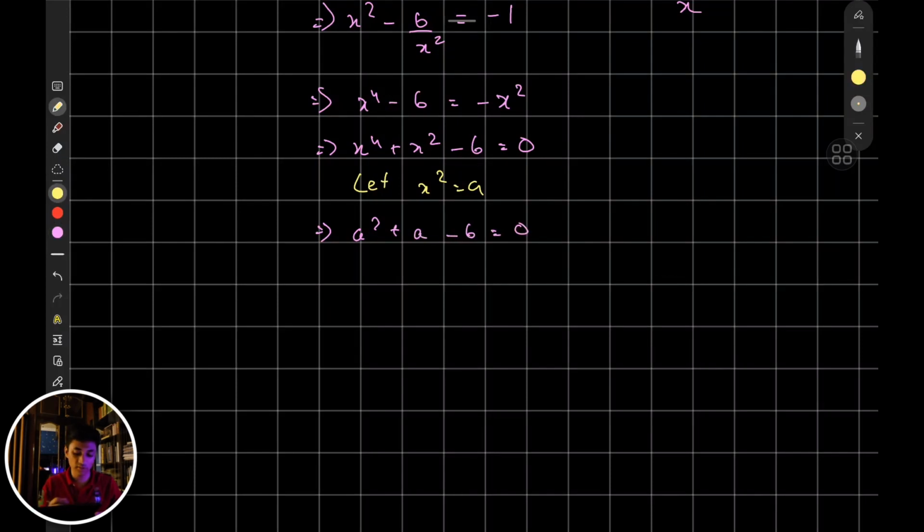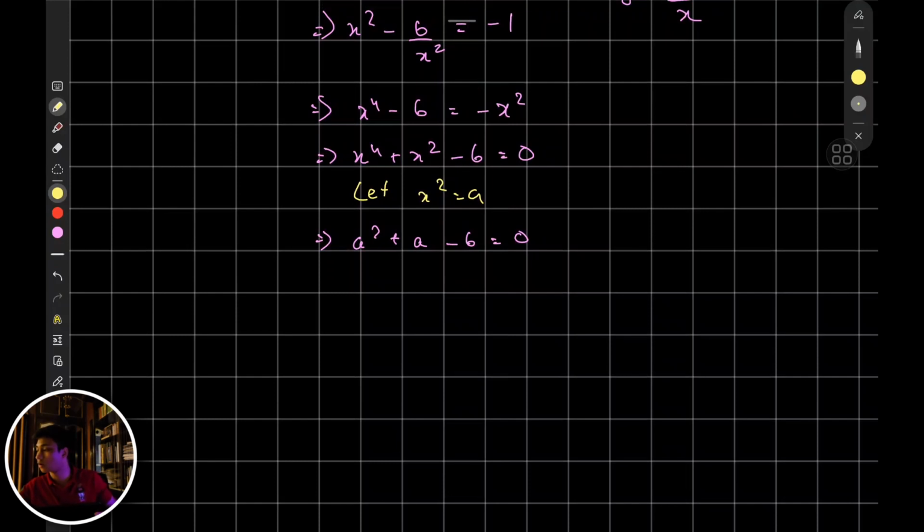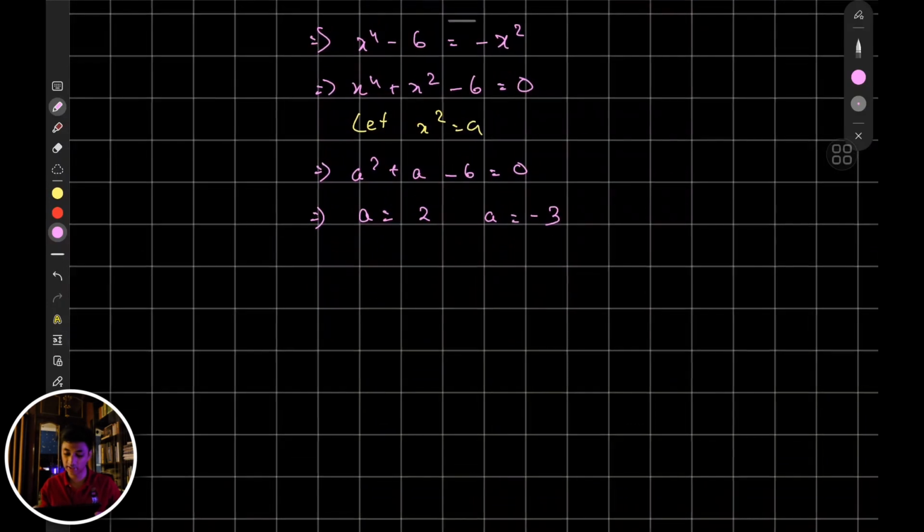Solve for a and you will get a is 2, a is minus 3. These are the two you will get. So if that is the case, you can say x square is 2 and x square is minus 3.